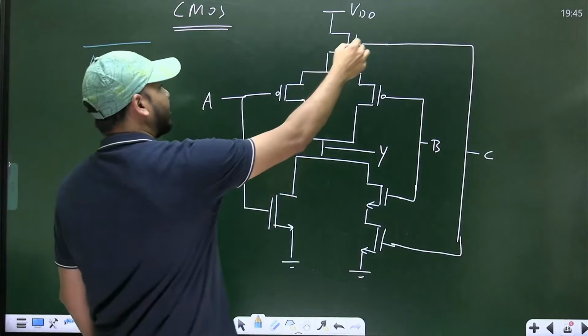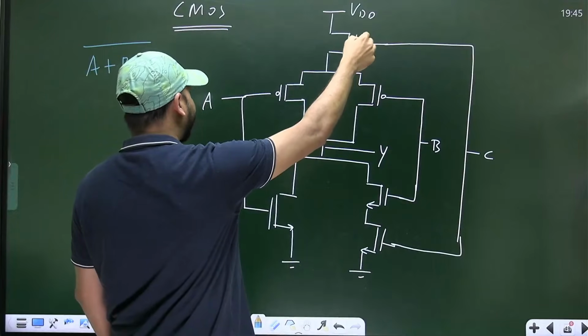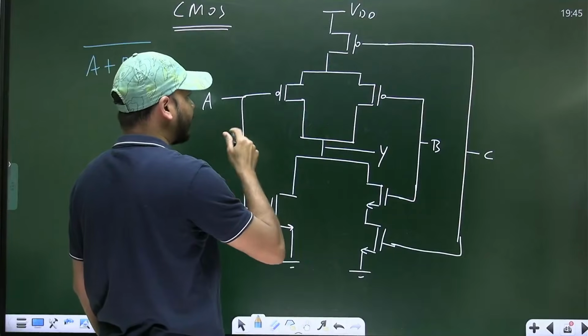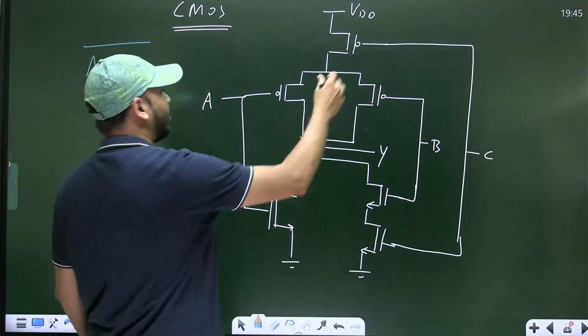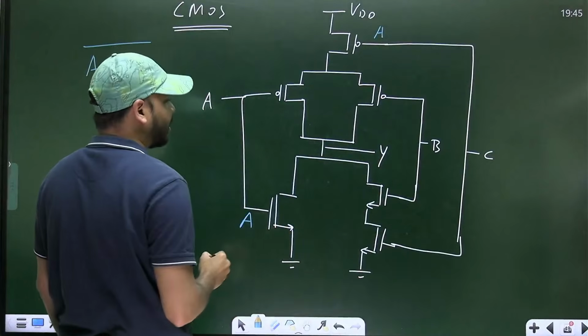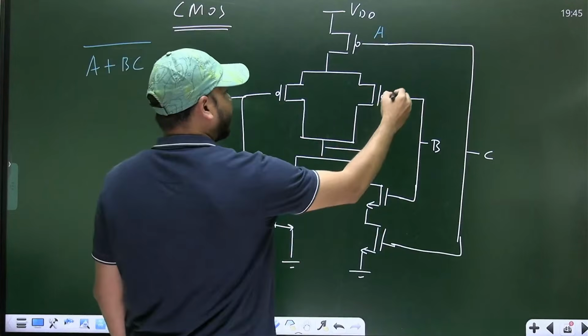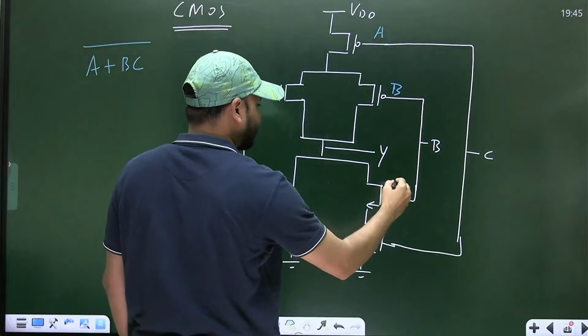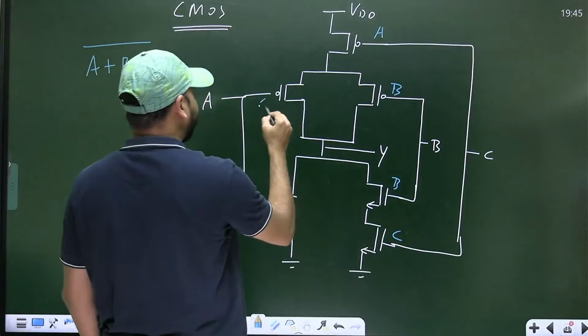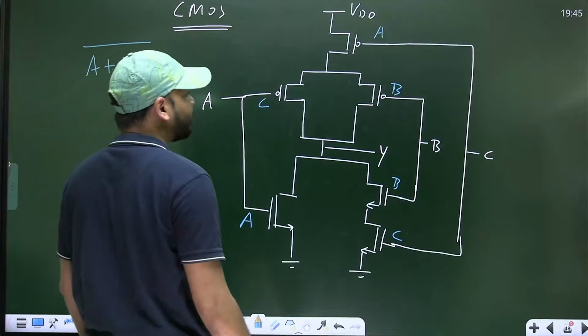Here you should have applied A, and here you should have applied C. So for it to be actually A plus BC whole bar, this should be A, this also should be A. This is already B and this is also already B, fine. And here you have C and here also you should have C, okay?